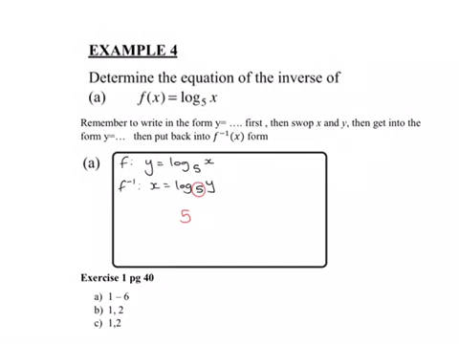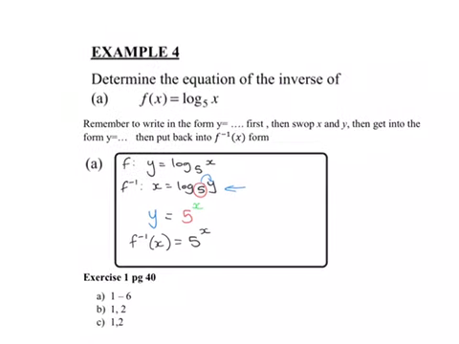In this first step, the 5 is with the y. So now I want the y by itself. And what is going to join the 5? It's the x. So we're putting it back into exponential form. Right. And so then my f negative 1 graph is equal to 5 to the power of x.